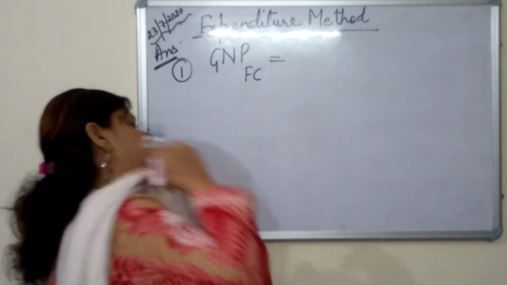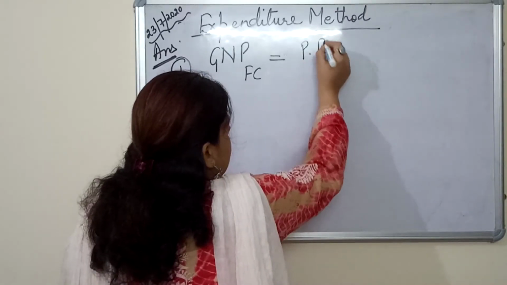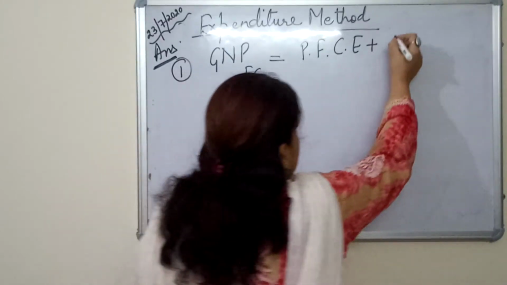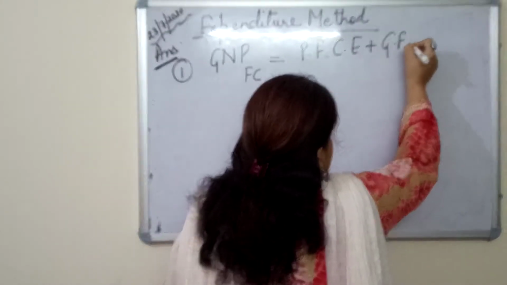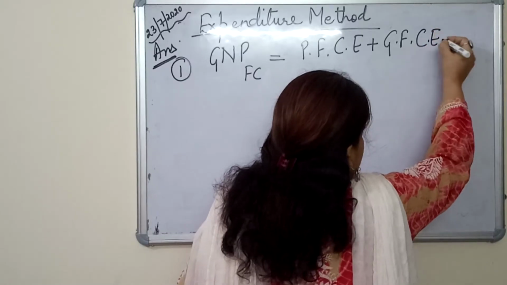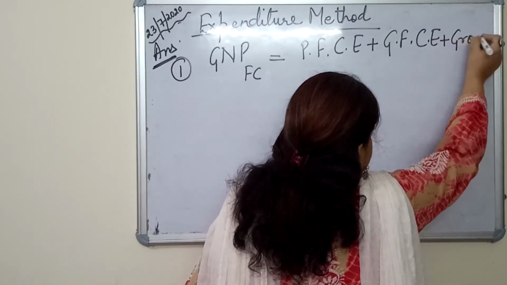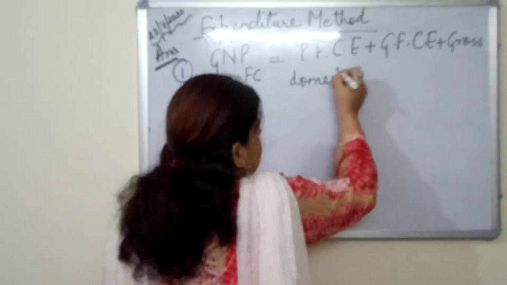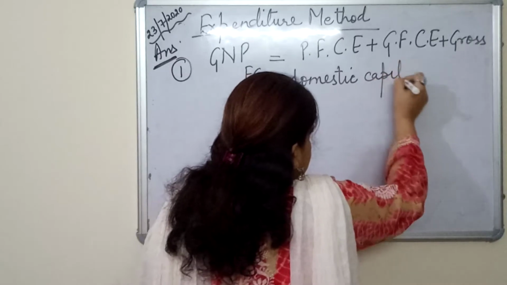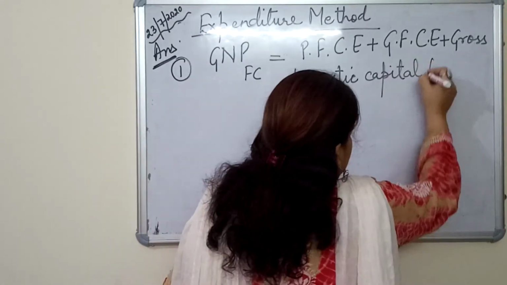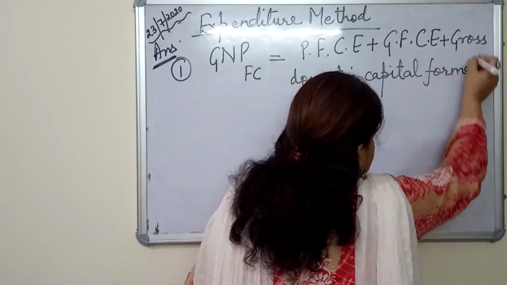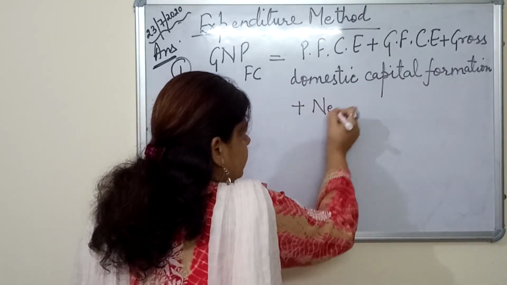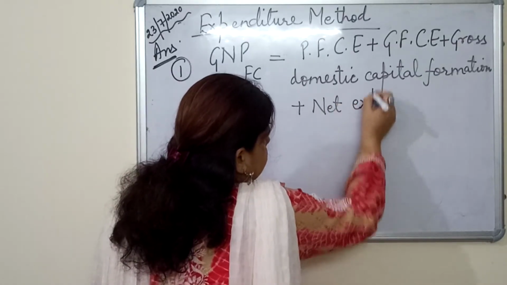The first formula: private final consumption expenditure plus government final consumption expenditure plus gross domestic capital formation plus net exports.